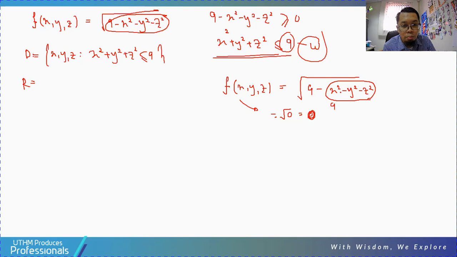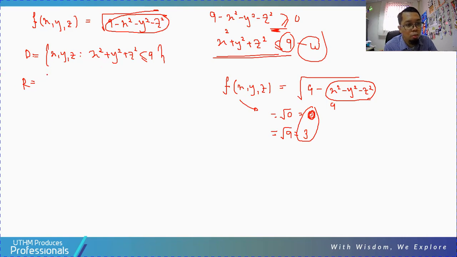When this is at maximum, the output will be minimum. So what is the maximum? The sum can be less than 9, but it cannot be negative, so the minimum only goes to 0. So 9 minus 0 gives √9, which equals 3. So the output is between 0 and 3.